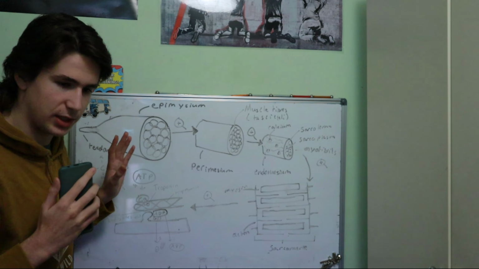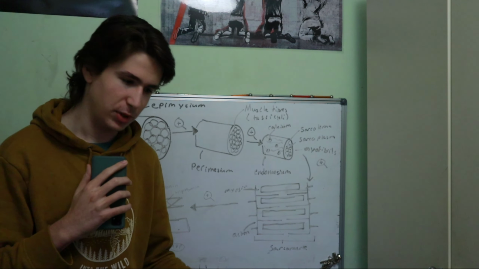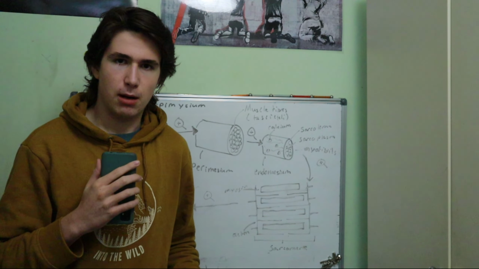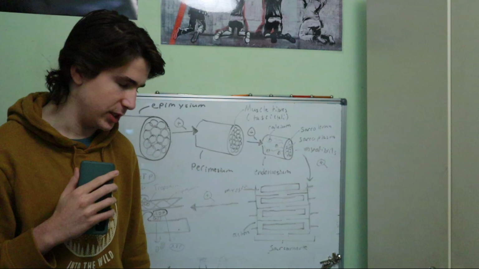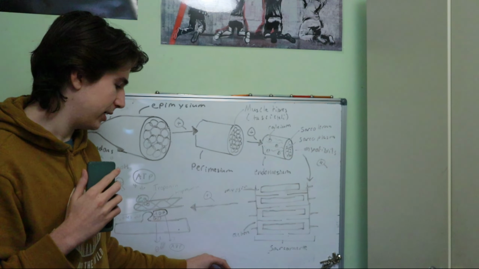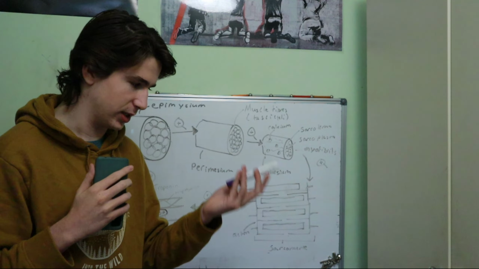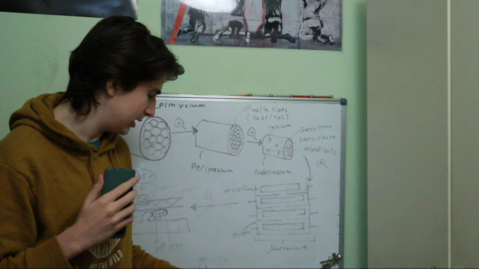So the immune system rebuilds the cells, and it builds them back stronger, and this is called muscle hypertrophy. If I picked up this pen and lifted it, I wouldn't get any hypertrophy whatsoever because it's really light.